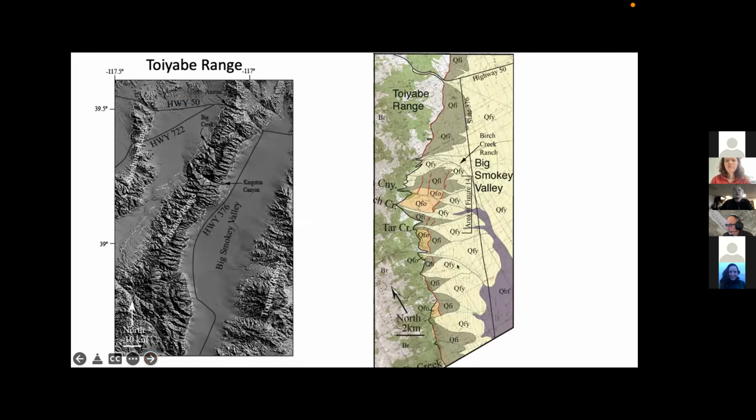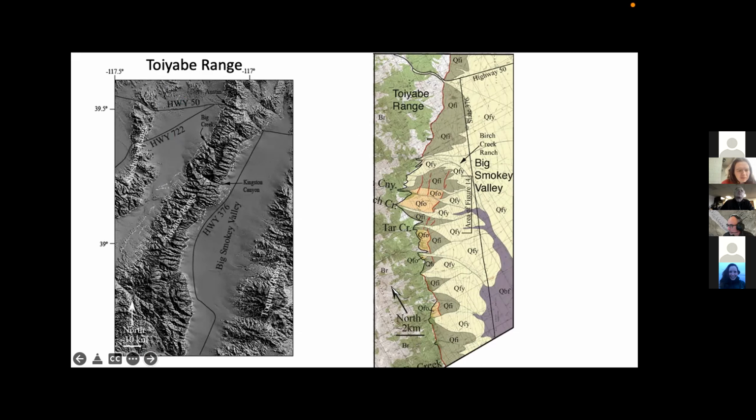So we talked about polygon mapping in the Landers assignment and mapping, you know, for normal faults. So here's just a map of the Toiyabe range in Big Smoky Valley. And in the next slide, I'll zoom into this central part of the map here. First of all, the map on the left shows the fault in white.